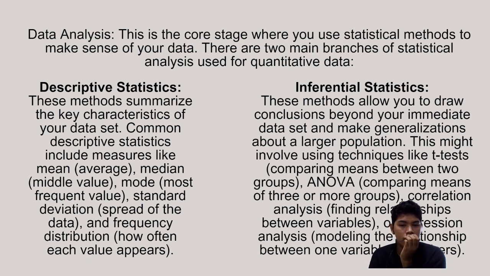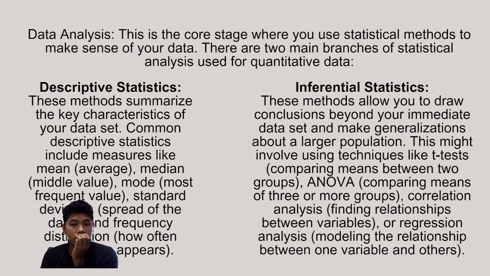Common descriptive statistics include measures like mean, which is average, median, the middle value, mode, the most frequent value, standard deviation, the spread of the data, and frequency distribution, how often each value appears.